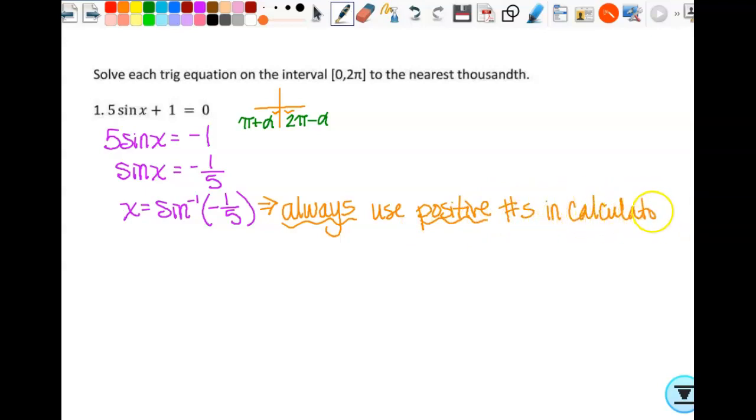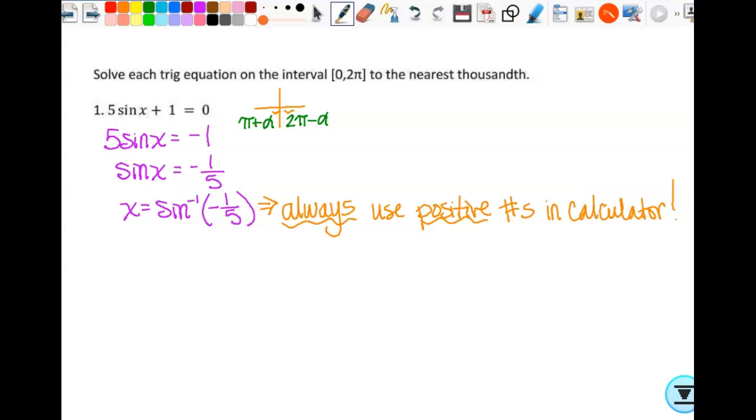Because our goal is not to get the final answer at this point, because there's 2 final answers and the calculator's not going to give me 2 final answers. I need to find alpha, the reference angle, so that I can actually find what I need to find. So even though we are taking the sine inverse of negative 1/5, in the calculator you're going to do the sine inverse of a positive 1/5. So do that. You can do that now.